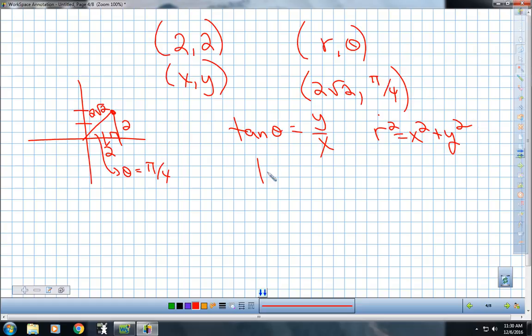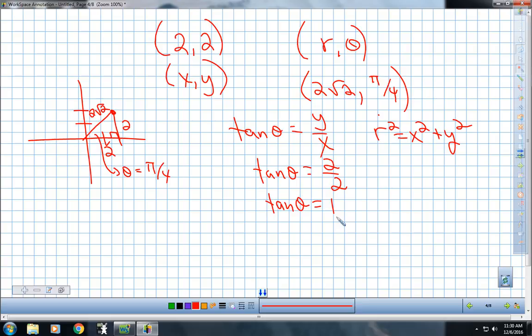So let's find theta first. We know that the tangent of theta is y over x, which would just be in our ordered pair 2 over 2. So the tangent of theta is 1. And if you inverse tangent on your calculator, you will get 45 degrees.